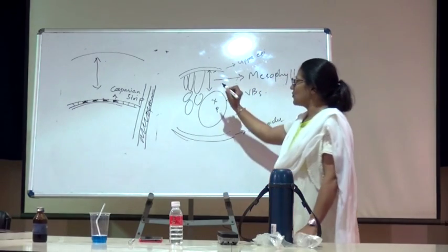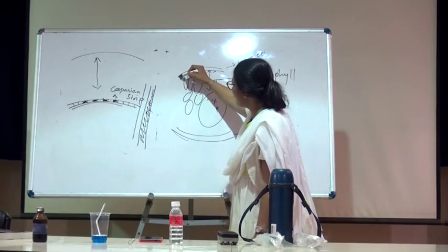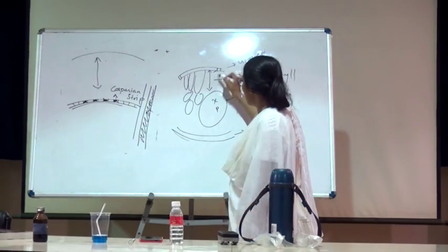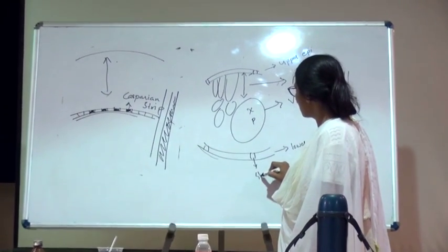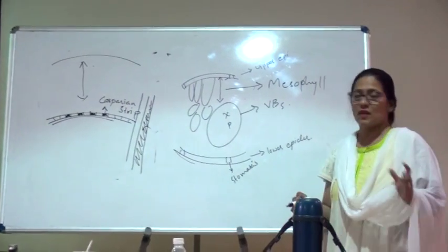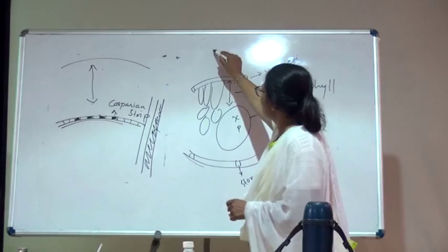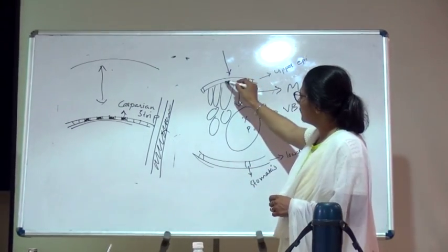Now, what will happen? And yes, of course, in the upper epidermis and in the lower epidermis you will find stomata also. Now what will happen? Light falls, energy is absorbed.